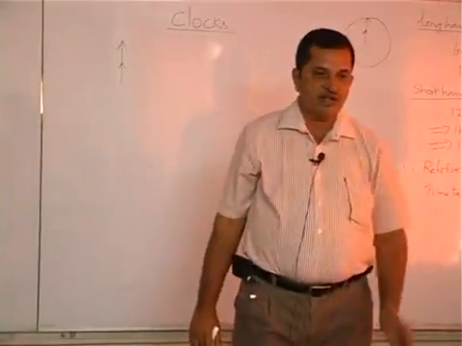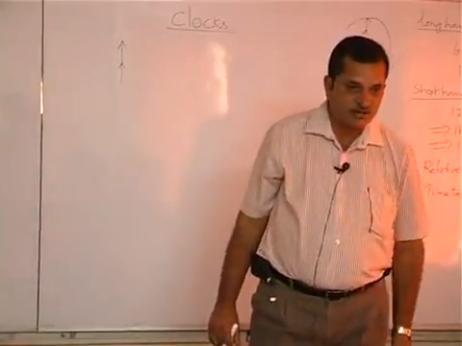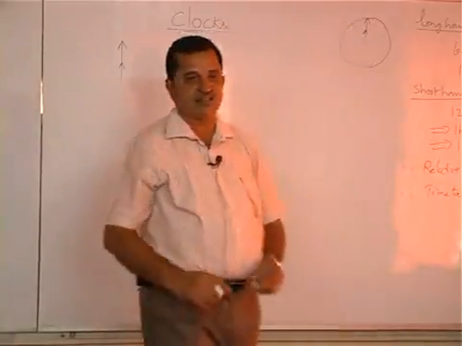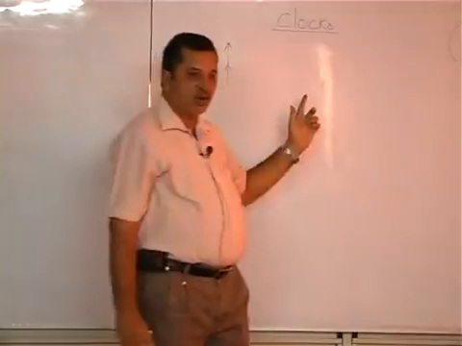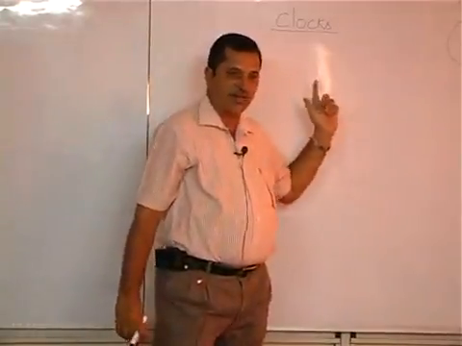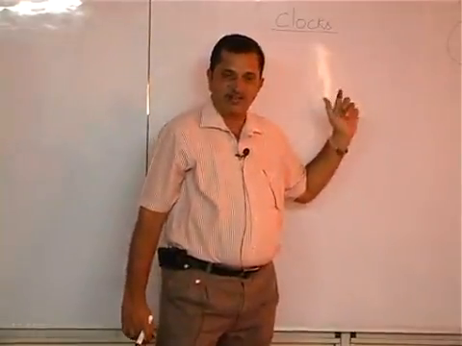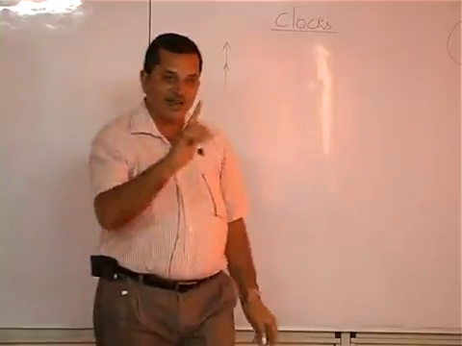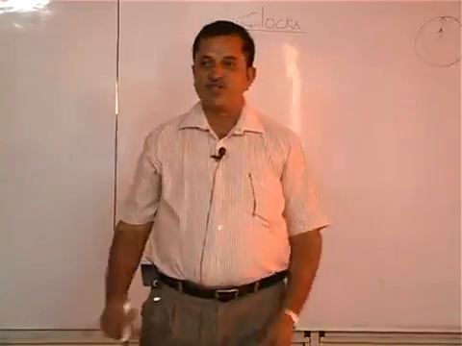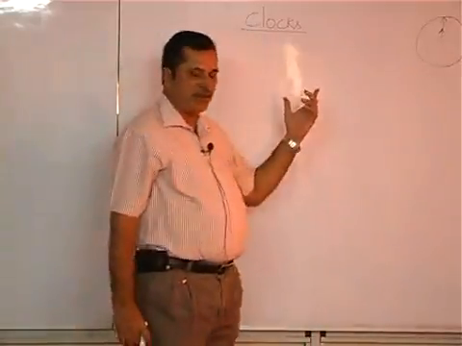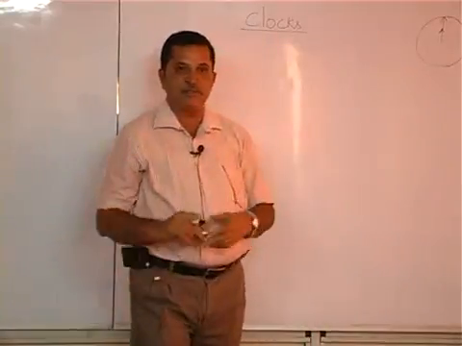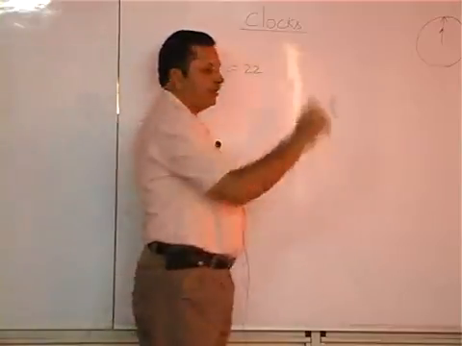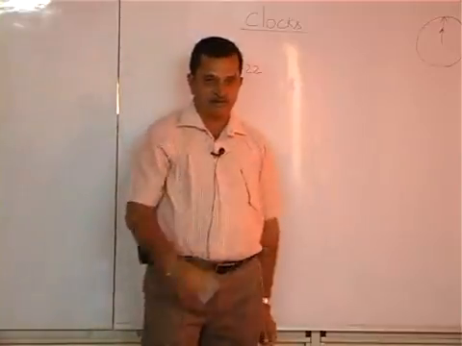In 12 hours, how many times? 11 times. Because between 11 o'clock and 1 o'clock, 11 to 12, 12 to 1, 2 hours are there. Between 11 o'clock and 1 o'clock, the coincidence will occur only at 12 o'clock. So for 12 hours it is 11 times, means per day the number of coincidences are 22. That point to write down.